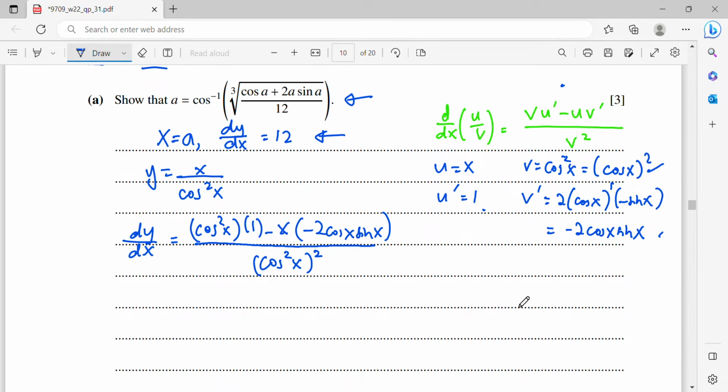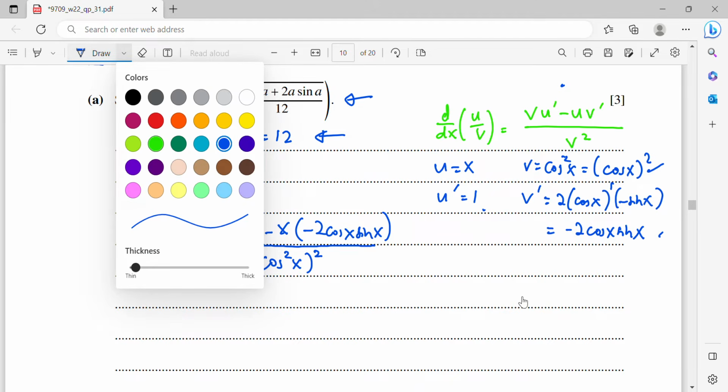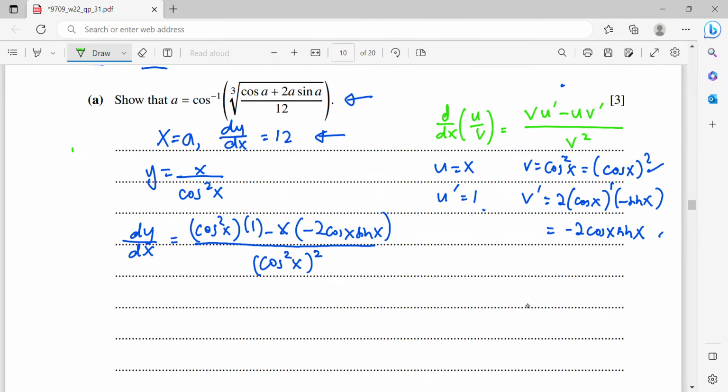From here, I notice that you have cos x in the numerator and denominator, therefore I will cancel off degree 1 of the cos x. I mean, here the denominator is supposed to be degree 4.